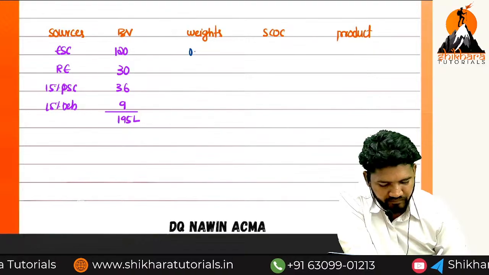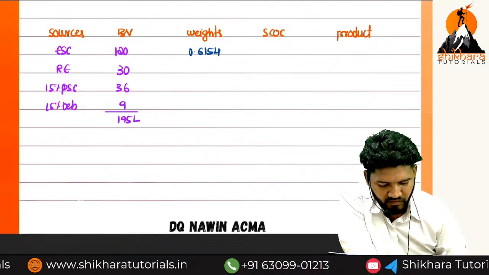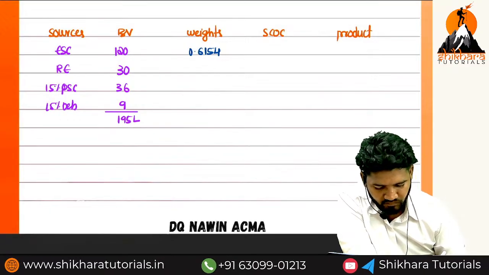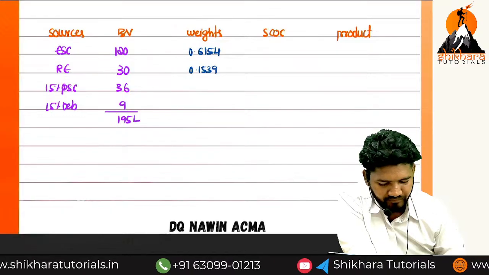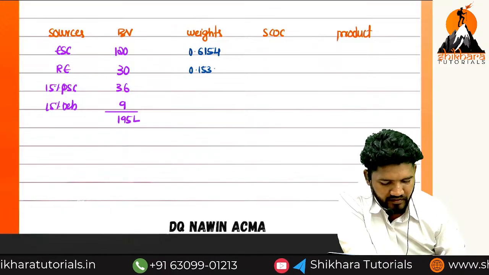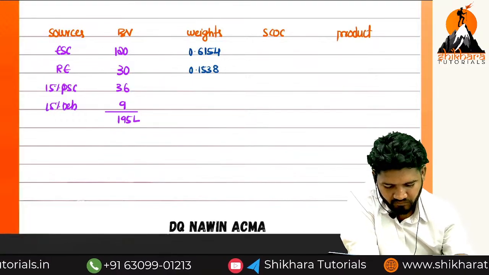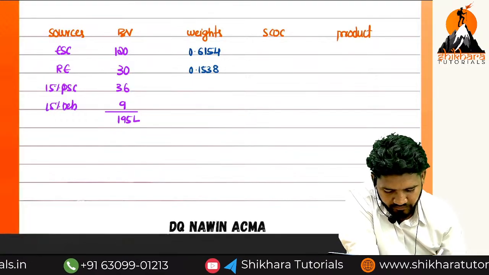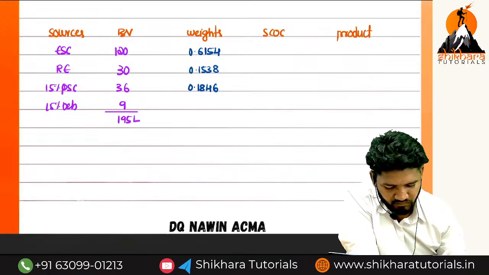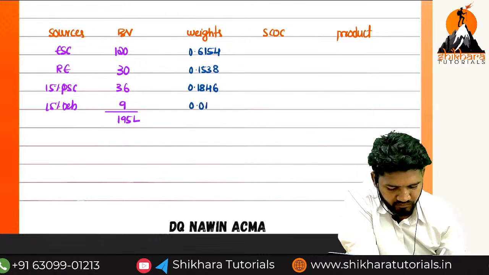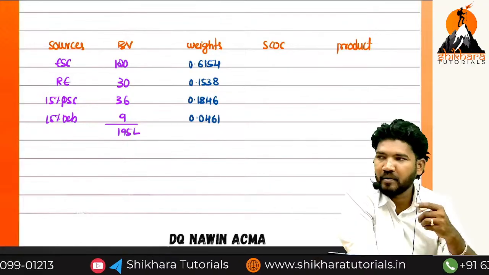0.6154. What about preference share capital? 0.1846. Specific cost of capital you already calculated above.